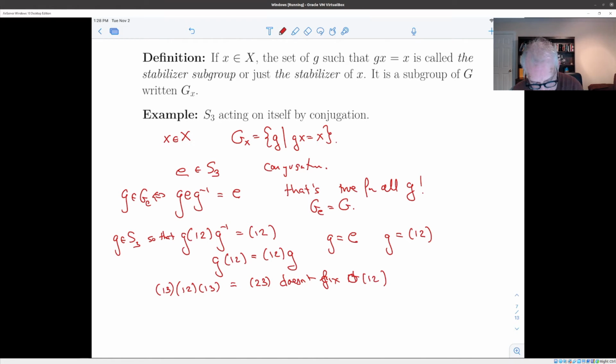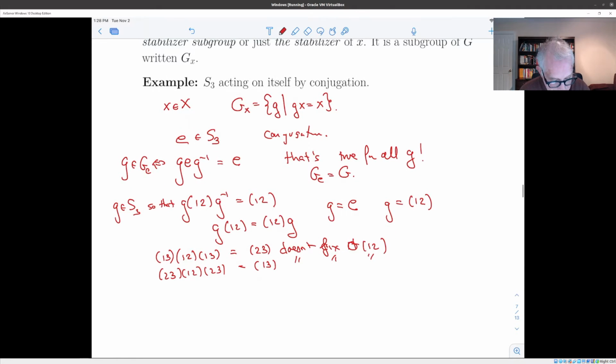And similarly, (2 3)(1 2) is not (1 2)(2 3), which is not the same. So that doesn't fix (1 2). So there are no other transpositions in there. And there's also no 3-cycles, because if you were to conjugate by the 3-cycles, it's also going to change this. So the stabilizer of this element is just the 2-element subgroup consisting of e and (1 2).